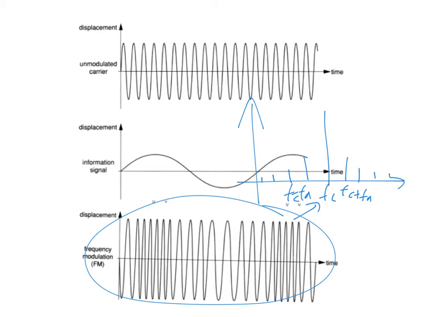So when we set the bandwidth, we don't have to set the bandwidth until all this doesn't exist anymore, because it will be impossible, because it's an infinite number of waves there. But once the amplitude is small enough, then we don't have to worry anymore, because it will not affect us. So our bandwidth for FM is usually higher. One of the reasons is because of these multiple sidebands.